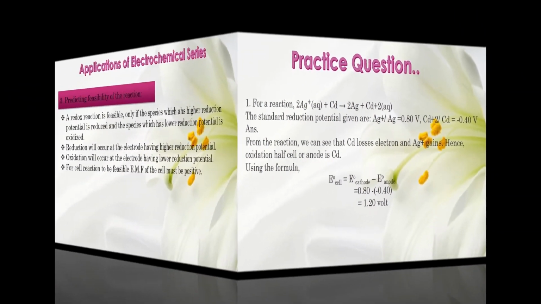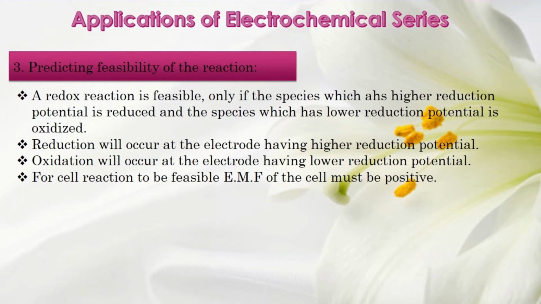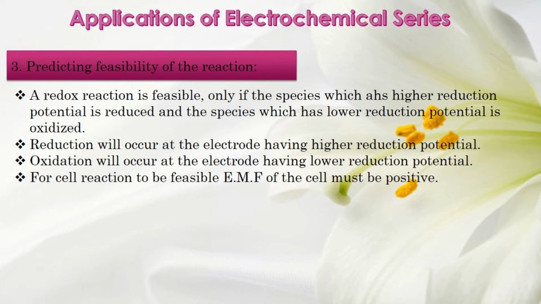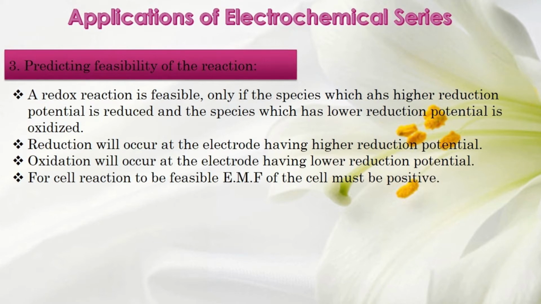The third application of the electrochemical series is that it helps to predict the feasibility or spontaneity of the reaction. The electrochemical series helps in finding out whether a given redox reaction is spontaneous or not in the given direction based on the E naught values of the two electrodes.